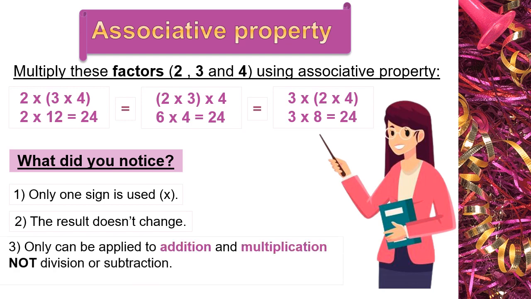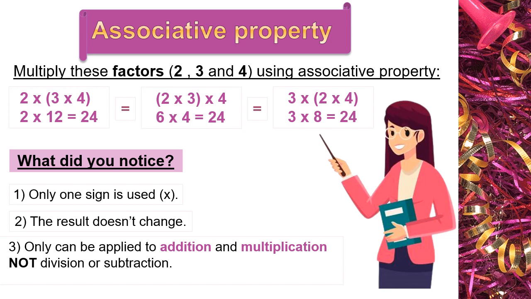Number 3, I can only apply this associative property to addition and multiplication, and I can't use it with division or subtraction. Why? Why can't I use associative property in subtraction and division? Because here we are changing the order of numbers.